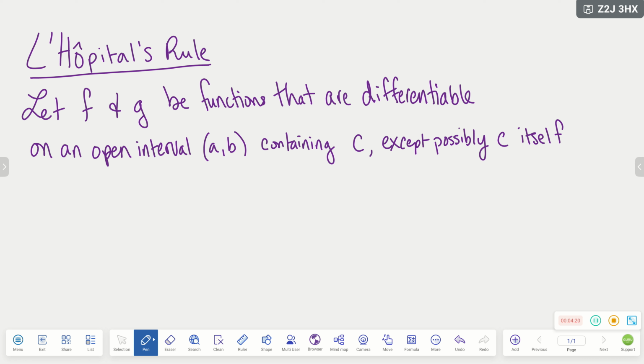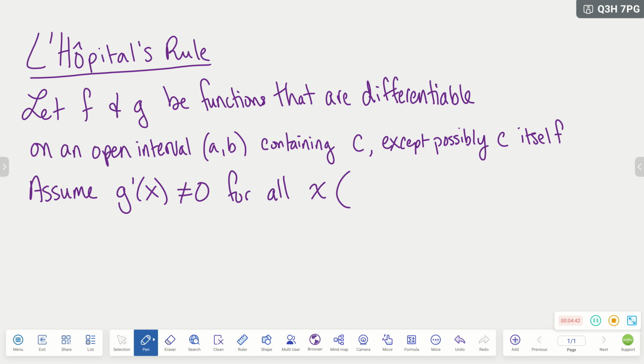And in order to do this, we assume that g prime of x does not equal 0 for all x in the interval a to b, and again, except possibly c itself.